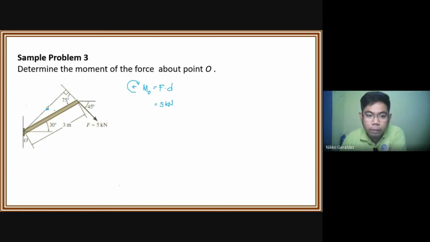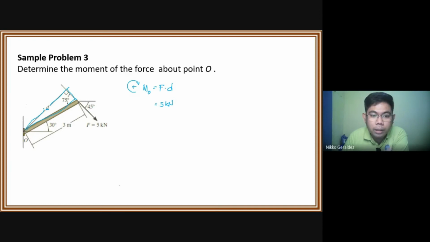From the given figure, masasolve natin yung perpendicular distance using trigonometry. Yung length ng object natin is the hypotenuse. Mag-create siya ng right triangle, yung perpendicular distance at yung length ng object. Then, binigay yung angle na 75 degrees.